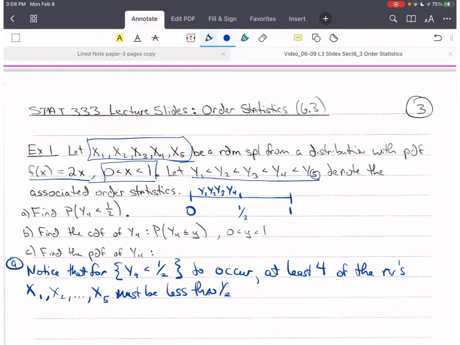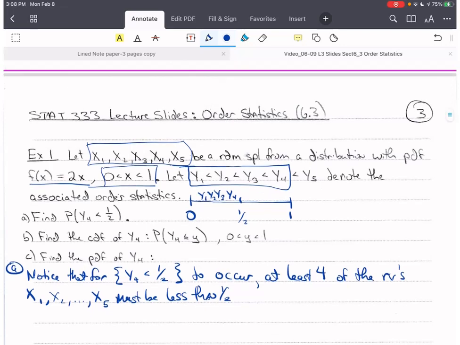If I look at this statement and look at y4, if y4 is less than some number, then y3, y2, and y1 all have to be less than that. These are order statistics. So this is one case where y5, let's say, is not less than a half.